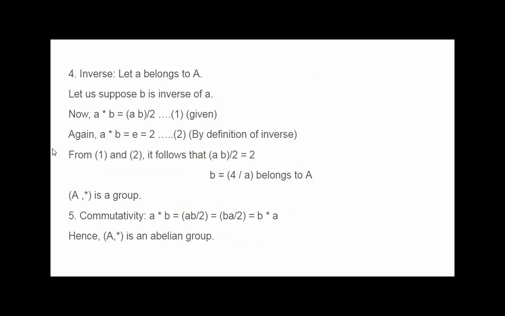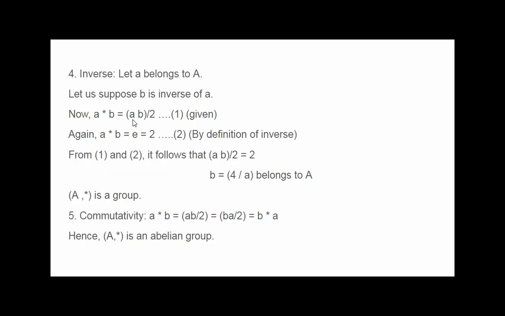Now what is there in the inverse property? Let a belong to capital A, where capital A is the set and small a is an element in that set. Let us suppose b is the inverse of a, meaning 1 by a is equal to b.